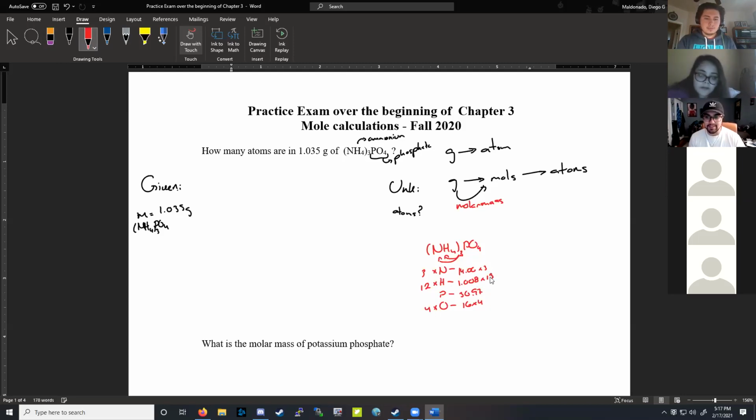I wrote down 3 instead of 12. Trust me, every periodic table is a little different. Sometimes you will see oxygen be 15.999. It varies from periodic table to periodic table, but I made a mistake with the number of hydrogens. Once multiplied, this would be 149.096. Sorry, okay, yeah, 149.07.